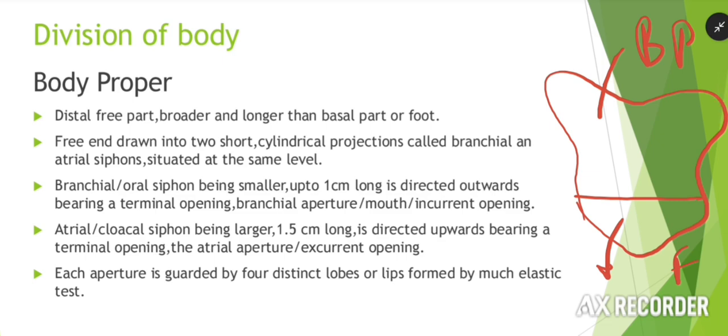Sorry, this is the branchial siphon and this is the atrial siphon. The branchial siphon is present on the anterior end and the atrial siphon is present on the dorsal side.